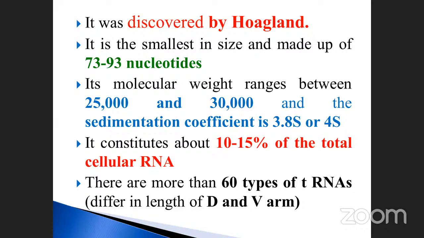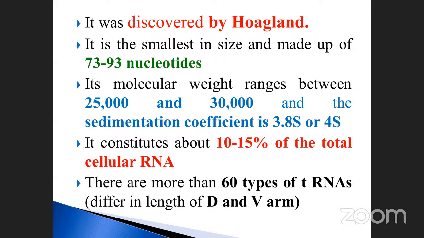Don't forget, they ask questions on tRNA: other names, whether it is tRNA or mRNA or rRNA, how many nucleotides it consists of, what its molecular weight is, and what percentage of the total cellular content it is. Like that they may ask the question, my dear.